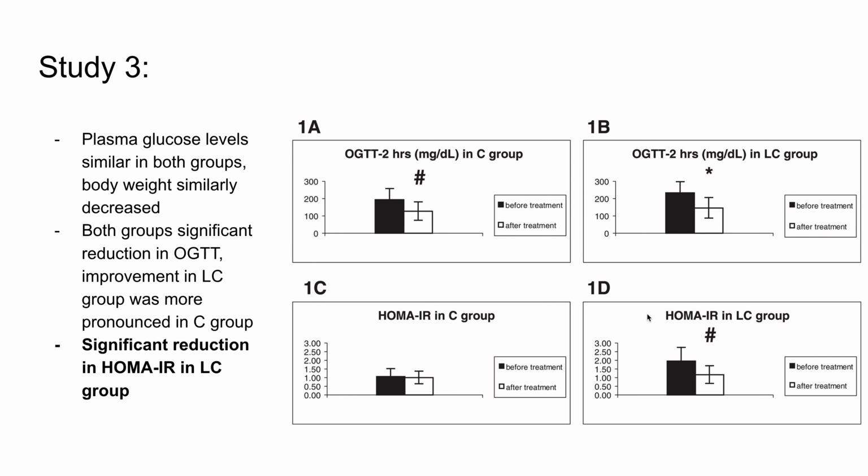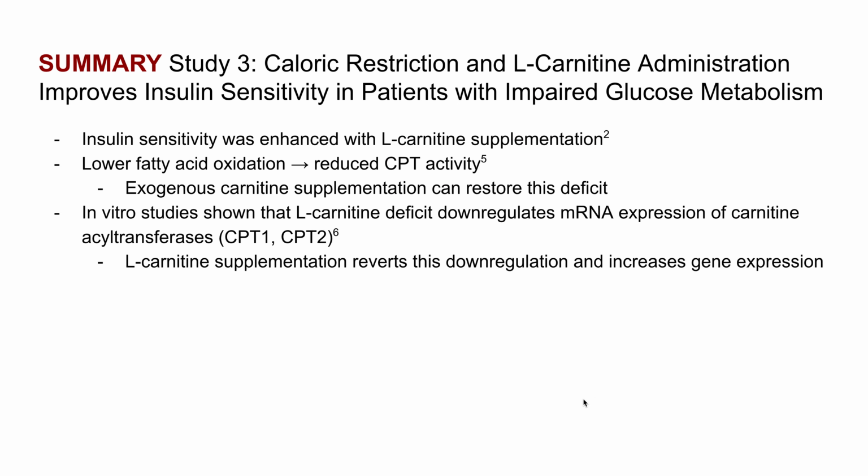However, what is very significant is that there was a significant reduction in HOMA-IR only in the LC group, those who took L-carnitine in addition to the hypocaloric diet, but not seen in the control group with only the hypocaloric diet. So in conclusion, they found that insulin sensitivity was enhanced by the supplementation of L-carnitine, as we saw that HOMA-IR decreased in the LC group.